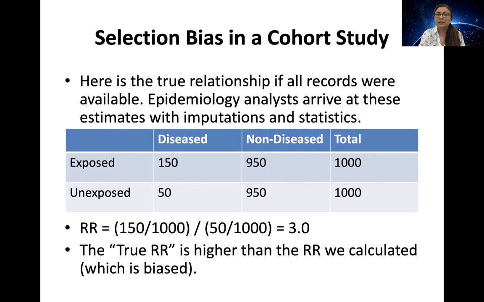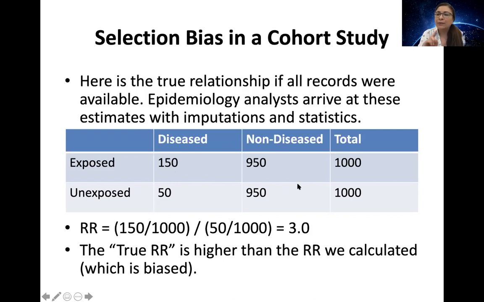But this basically comes from hypothetical mathematical situations where we're able to get a guesstimate: had we had those records, what would we have calculated as the RR? So don't worry yourself about that, but I don't want you to feel like this is coming out of thin air. It's not. People would calculate this.